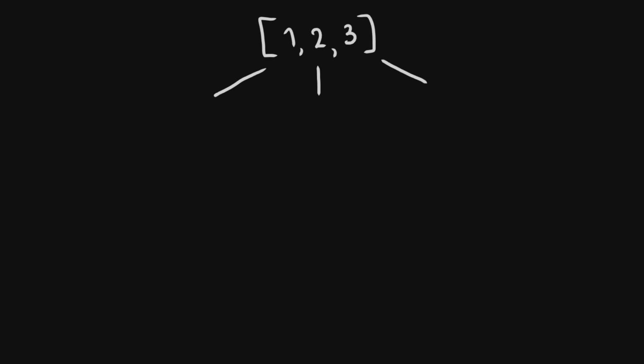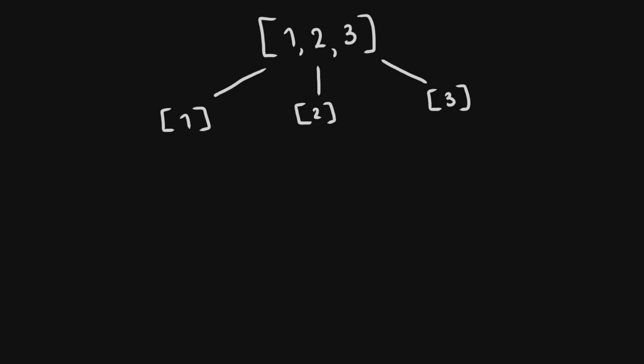representing the different options. So here we can have just the 1 element, a 2 element, and then a 3 element. And then from the 1 option, we can either take a 2 or we can take a 3, since these are the remaining elements in the nums array.